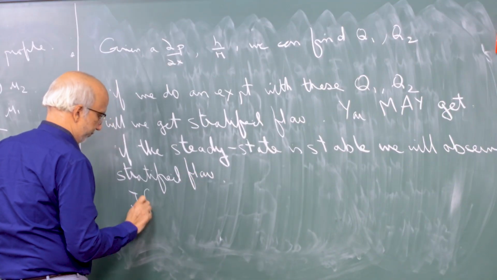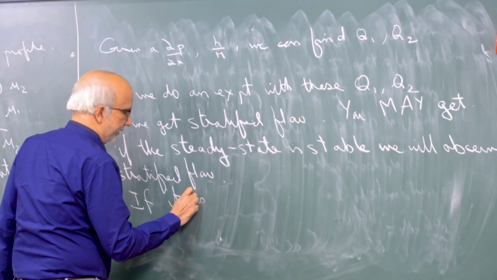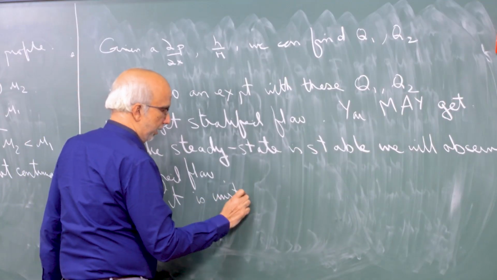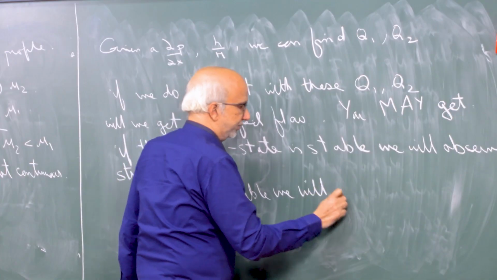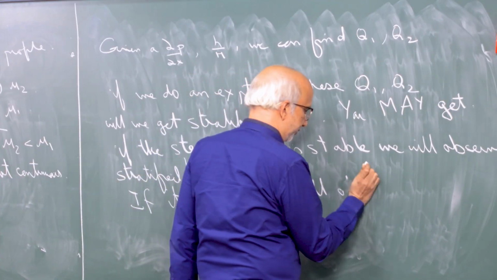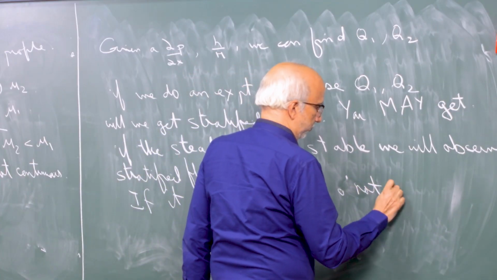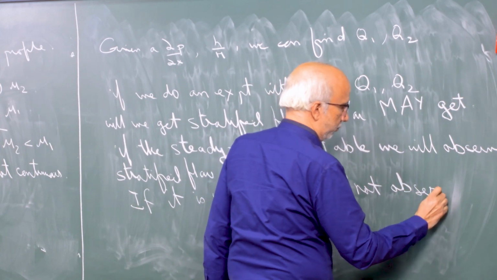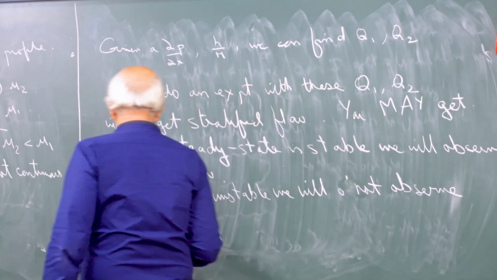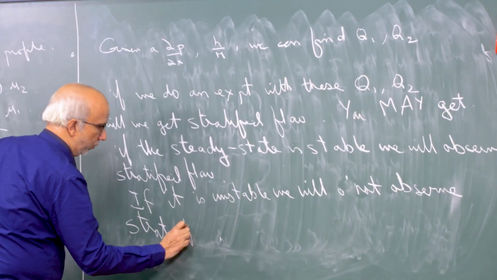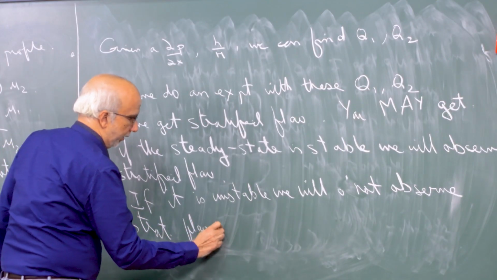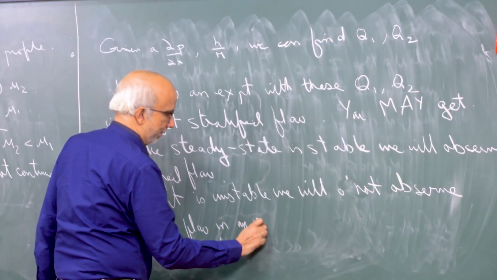If it is unstable, we will not observe stratified flow in an experiment.